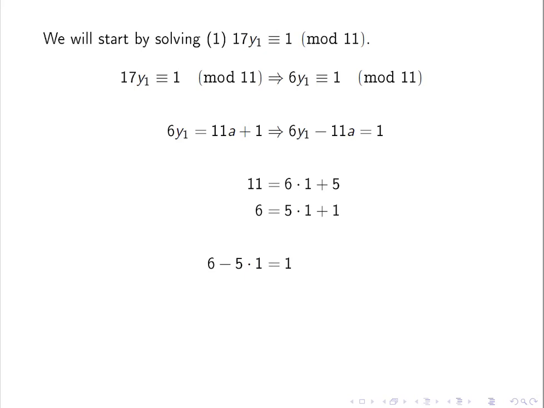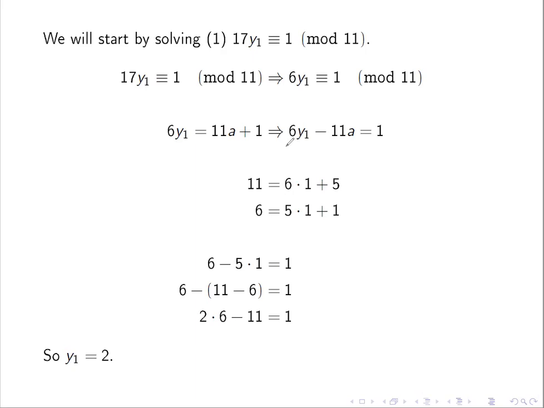So 6 minus 5 times 1 is equal to 1. But 5 is equal to 11 minus 6, so 6 minus (11 minus 6) is equal to 1. Or in other words, 2 times 6 minus 11 is equal to 1. Notice that gives us y1, which is 2.